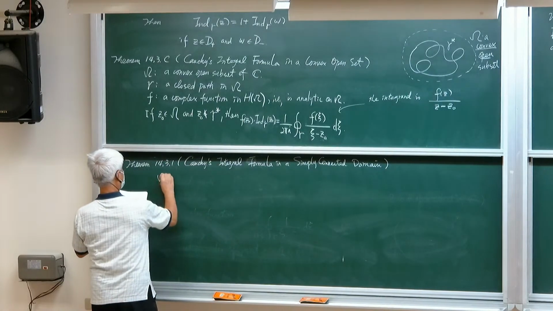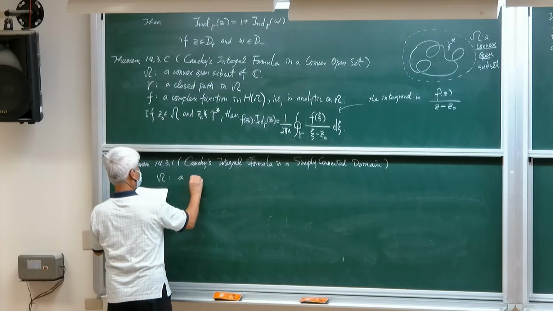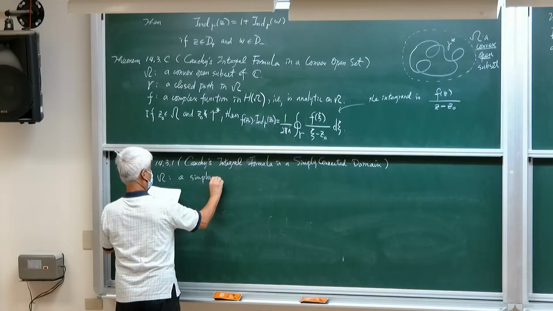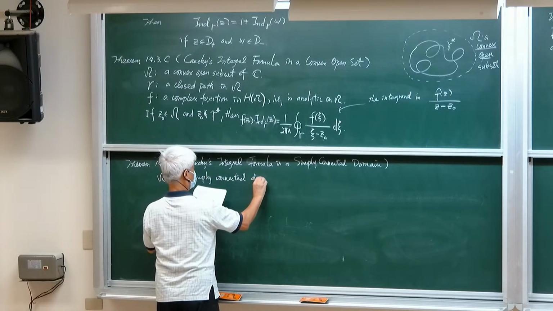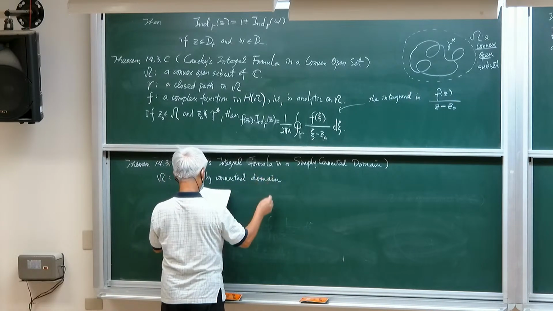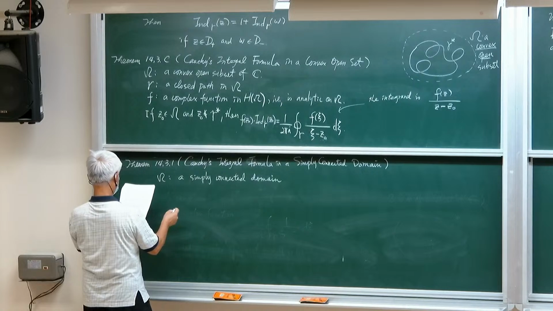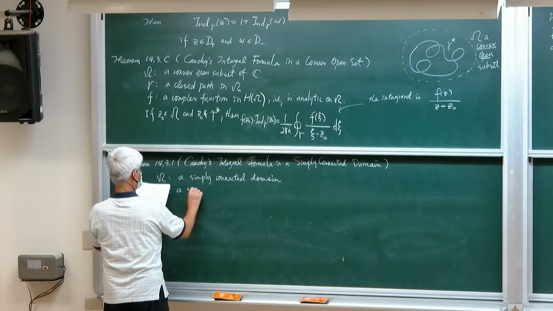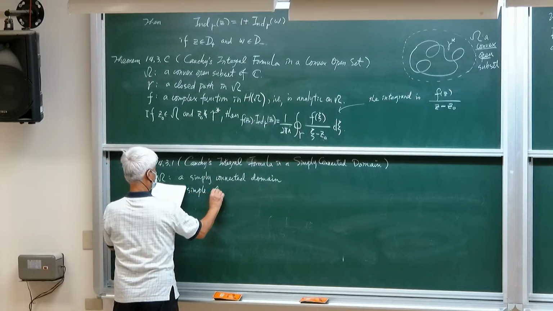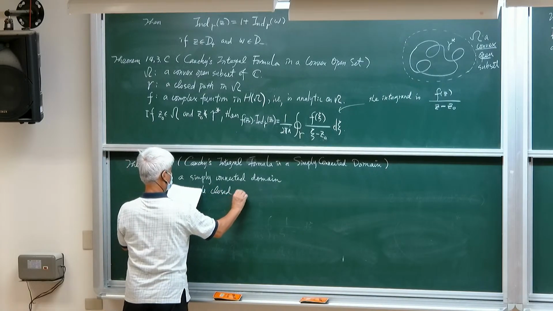Okay, so omega now is a simply connected domain, and gamma is a simple closed path.